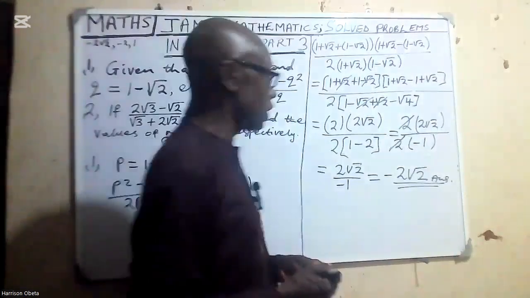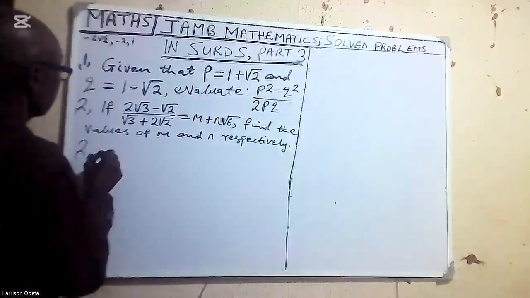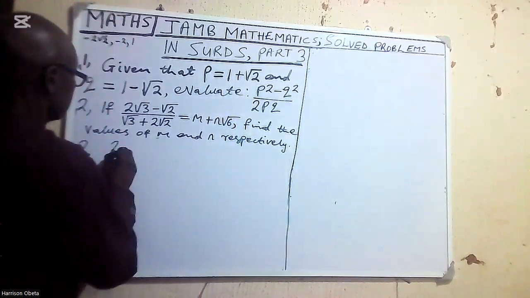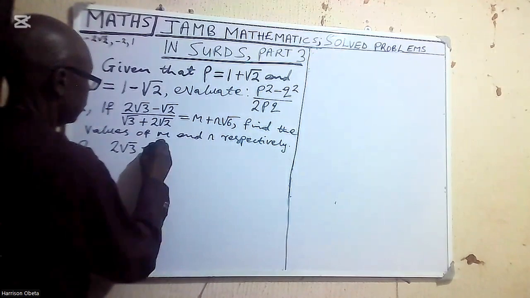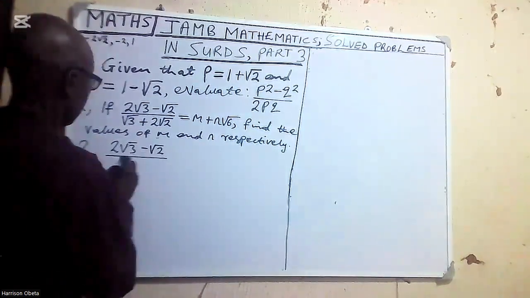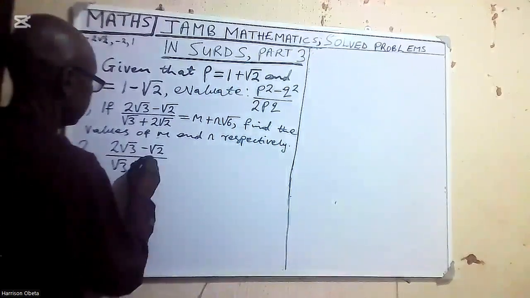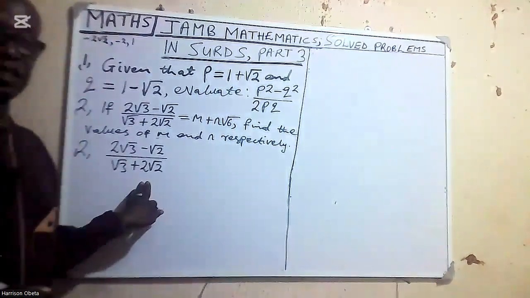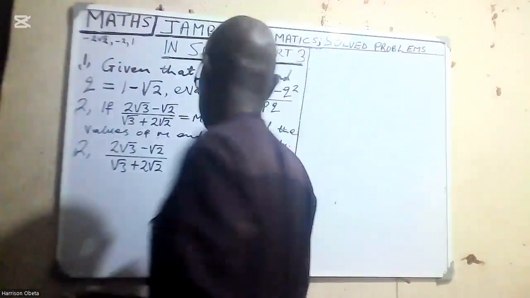So we quickly go over to question number 2. Number 2, we have 2 root 3 minus root 2 all over root 3 plus 2 root 2. Now, to simplify this, we have to multiply the numerator and denominator by the conjugate.